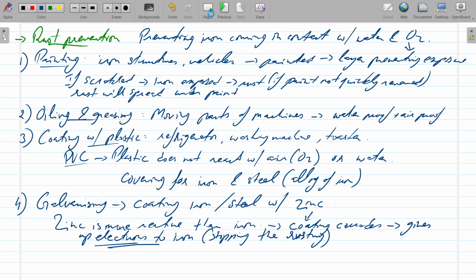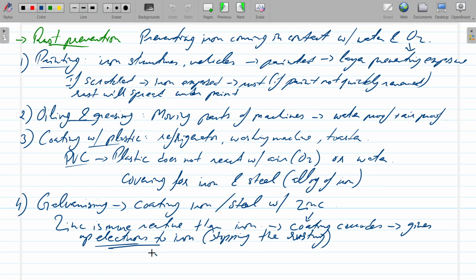Similar concept. They have an ionic equation. So what's happening is, can I fit it in over here? I think I can. You got zinc.